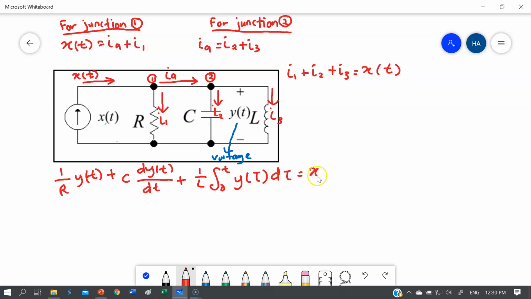This equals x of t. Again, here we have an integration.